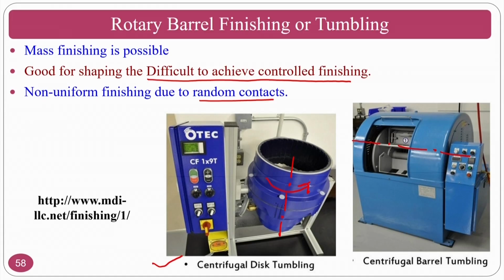Some of the components are very good for the vertical, and some are used for the horizontal. Normally landsliding and other things will be common for the horizontal, that is the centrifugal barrel tumbling process. Landsliding is common. So in centrifugal barrel tumbling, as I said, the axis is horizontal.